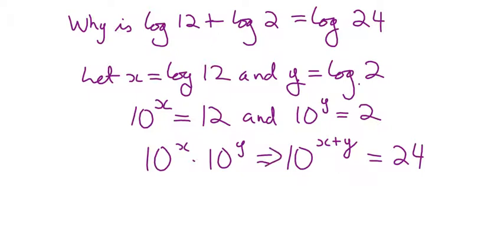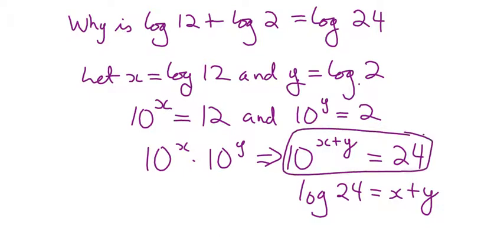And then we can write this in log terms, by taking the log base 10 of 24 is equal to x plus y, changing that back from exponential form into logarithmic form. The log, the base of, whatever the base, in this case 10, so we don't need to write it, of 24 is the exponent x plus y.